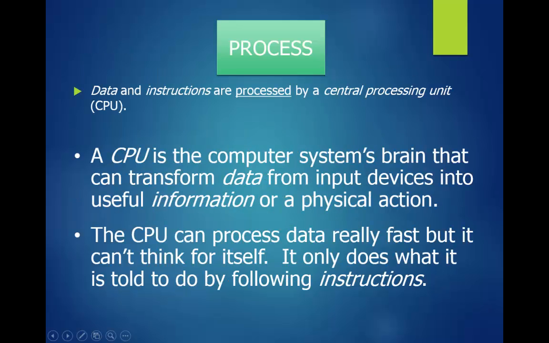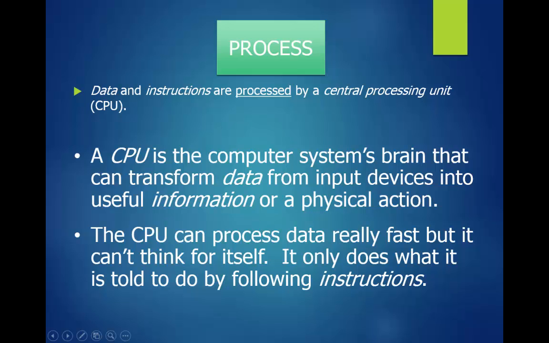Now, I'm going to talk about process. Data and instructions are processed by a central processing unit, which is known as the CPU. A CPU is the computer system's brain that can transform data from input devices into useful information or a physical action.